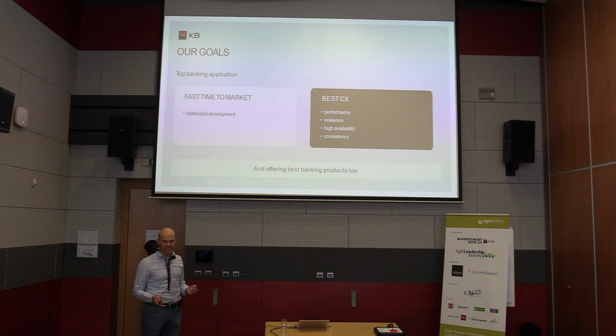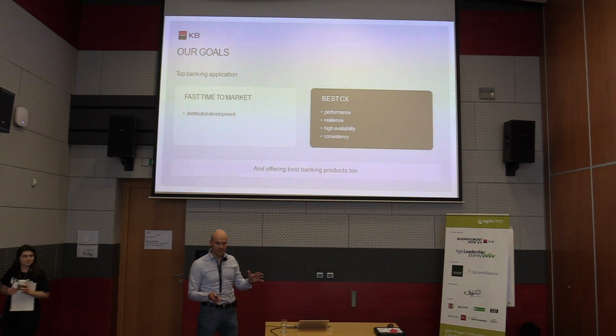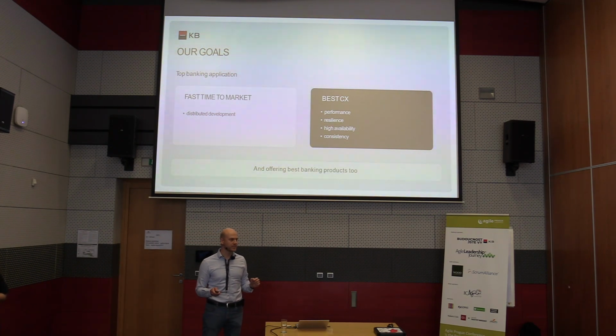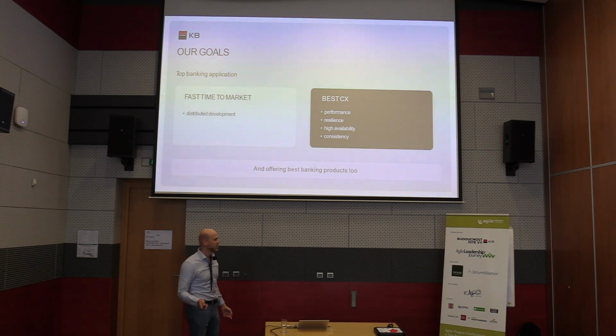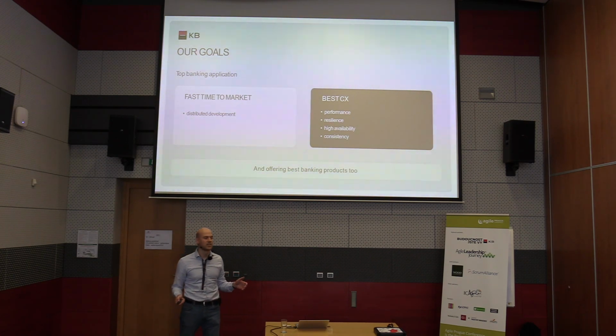We want to provide resilience. What does that mean? If the banking system is a monolith and it is down, the whole banking is down. So we want to split that into several independent parts, and if one part is down, the rest is still functional.